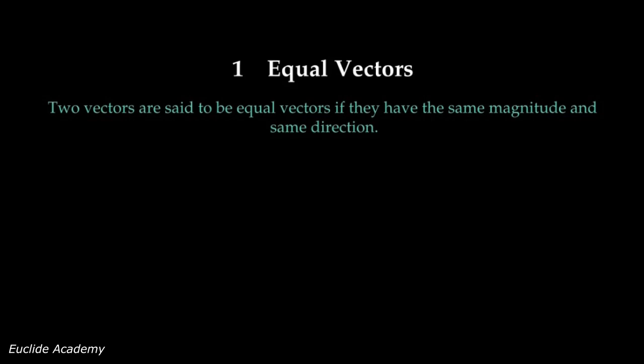If we have a vector and label it AB, with tail and head, and we denote it with an A and an underline, this vector can be equal to another vector if some vector somewhere has the same direction and the same magnitude. Then they are said to be equal.